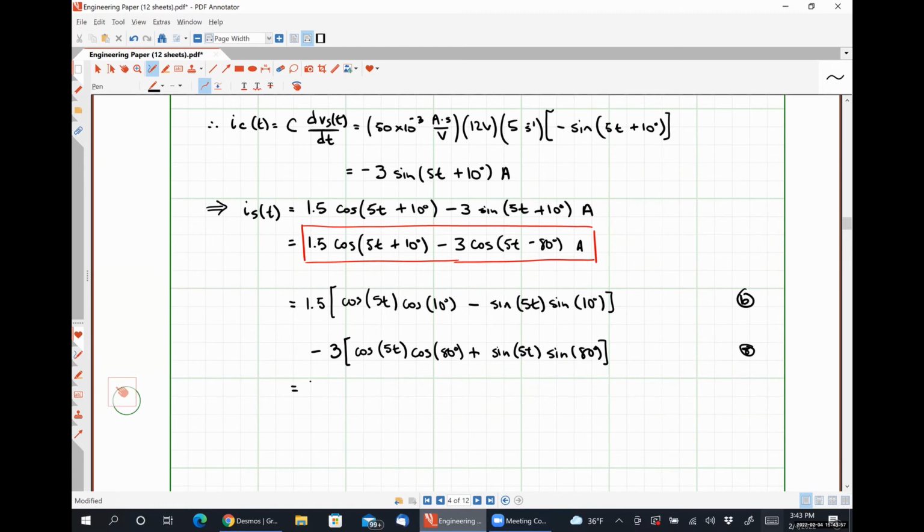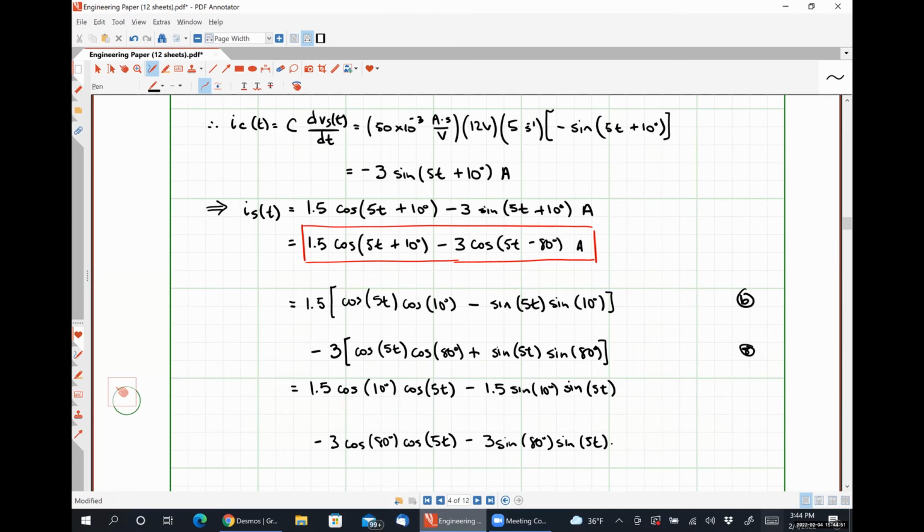I'm going to say that this is 1.5 cosine 10 degrees times the cosine of 5t, minus 1.5 sine of 10 degrees sine of 5t, minus 3 cosine 80 degrees cosine 5t, and negative 3 times positive is going to be negative 3 sine 80 degrees sine 5t.